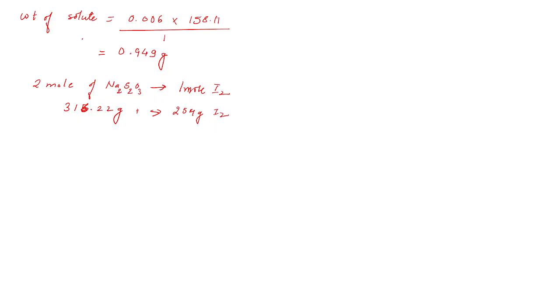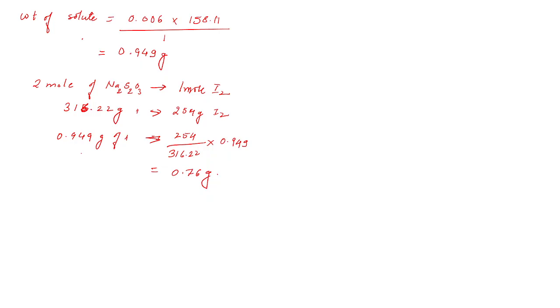Then how much iodine is reacting with this amount of Na2S2O3? For that, 0.949 gram of this reacts with 254 divided by 316.22 multiplied by 0.949, and if you solve this you will find it as 0.76 gram.